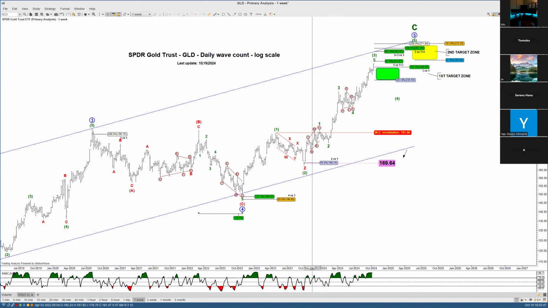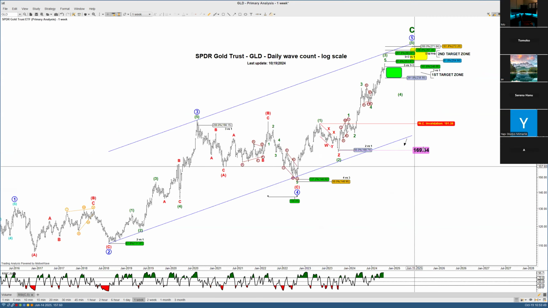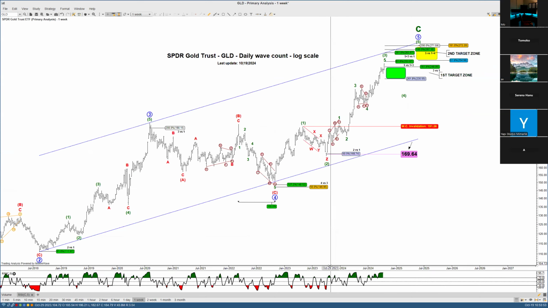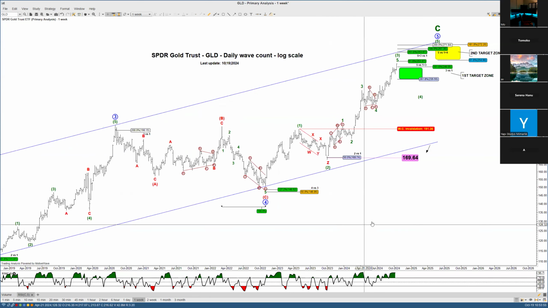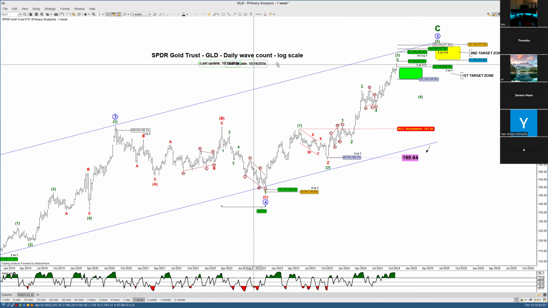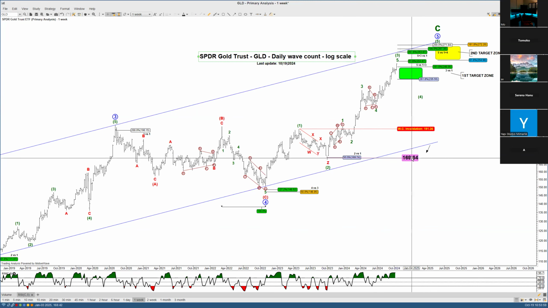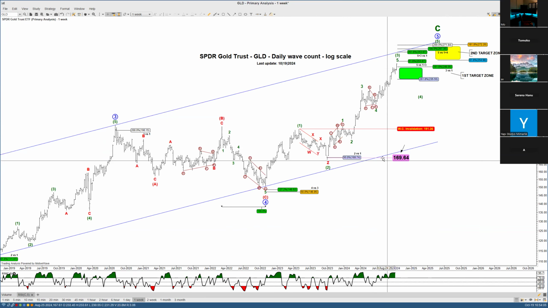Gold is good. Then I went on Twitter and I told here it was 169.64. I posted this thing on Twitter as well.